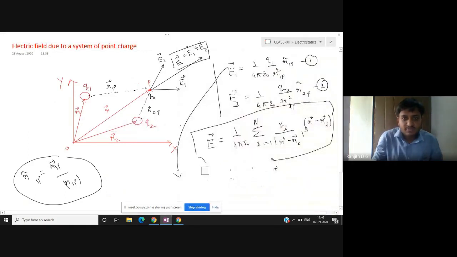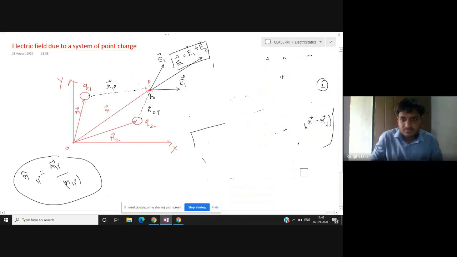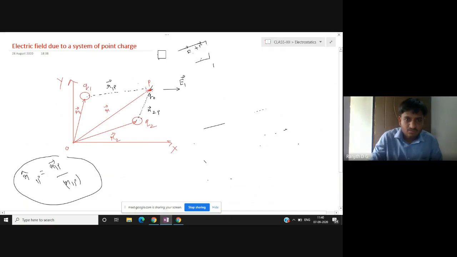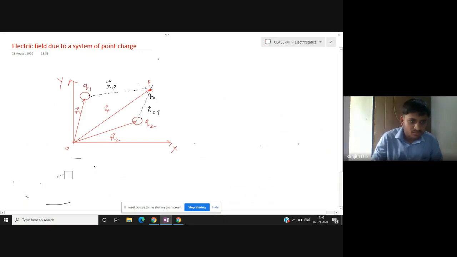Okay, so let me clear this. Observe this diagram. In this case, Q1 and Q2 are already there.